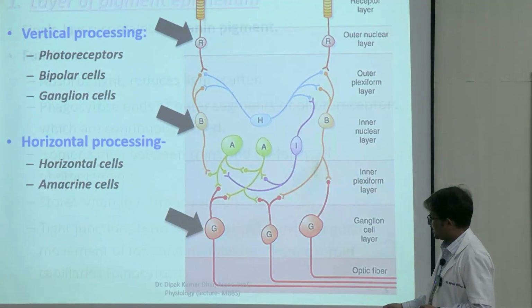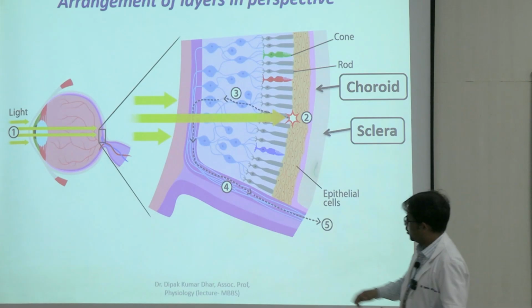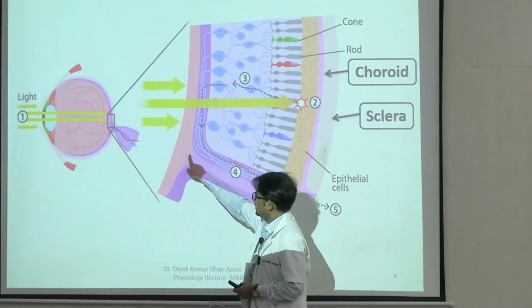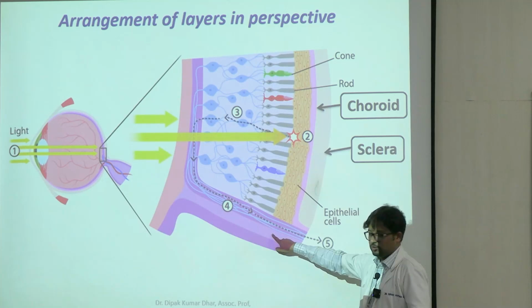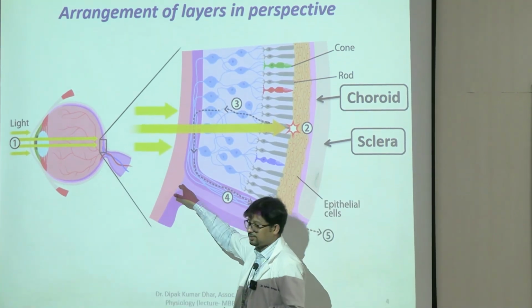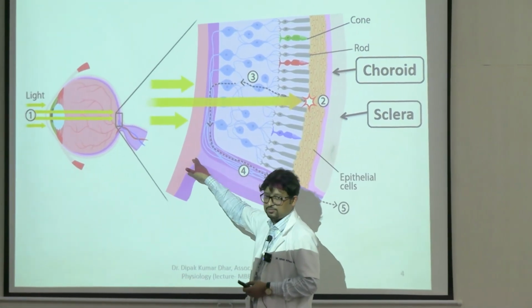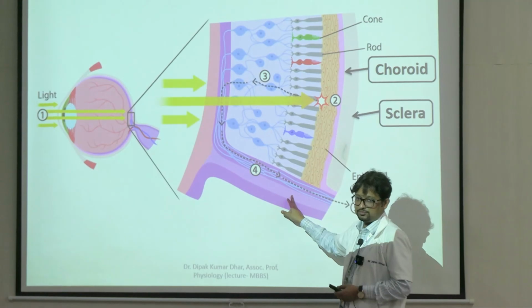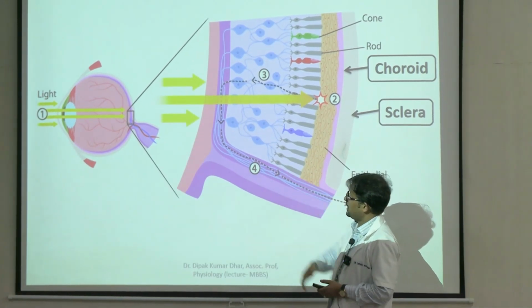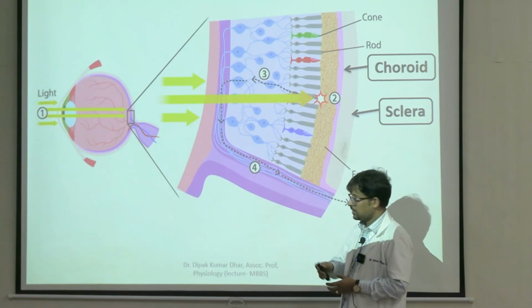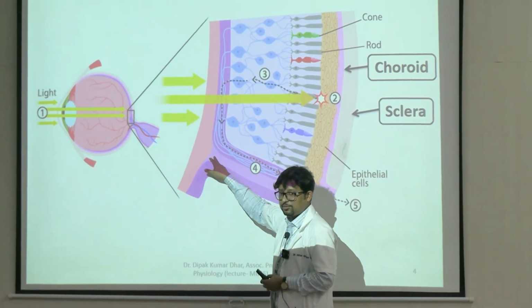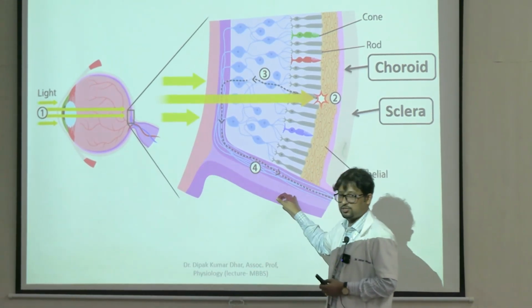I'll just take you back to this picture again. If you look carefully, this is the optic disc. Straight to the optic disc, there are no receptors here. So in the retina this is one point. If light falls here, there is no receptor, unlike other places where light will travel through all the layers and reach the receptor layer. If light falls here, there will be no vision because straight across there are no receptors.